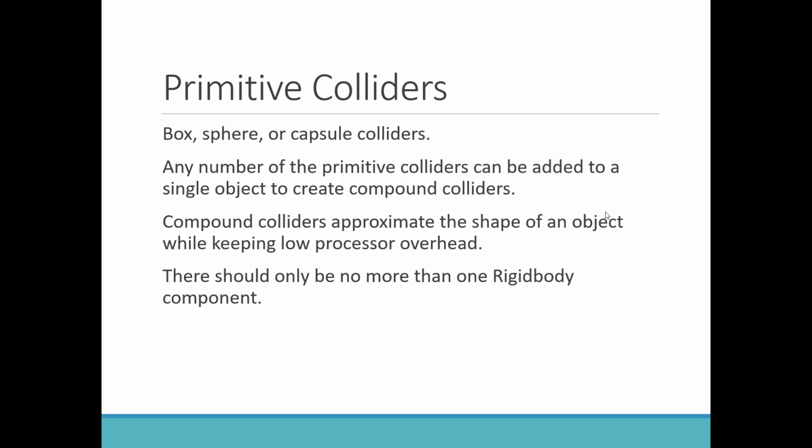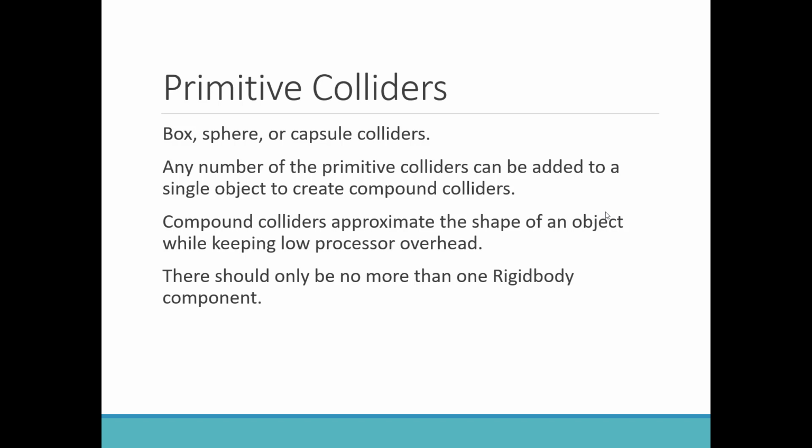You can add more than one if you wanted to. If you have an object that has a complex shape, you can set up 2 or 3 or more to represent the shape of your object the best. The advantage of those primitive colliders is they are keeping the processing calculations low.